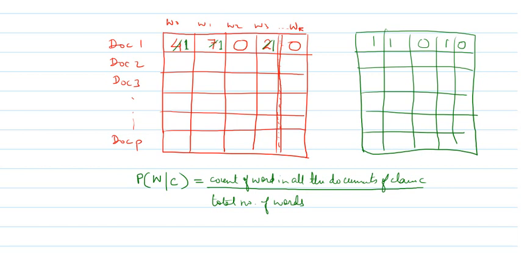So the count of the word in all the documents of class C. So we will be looking at the count in this way. Right. So this maybe somewhere. Let's look at this one, 0 1 1 0. Right. So we will get the probability.